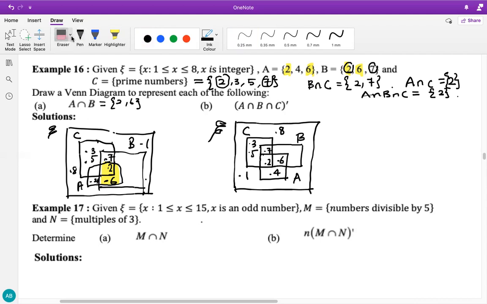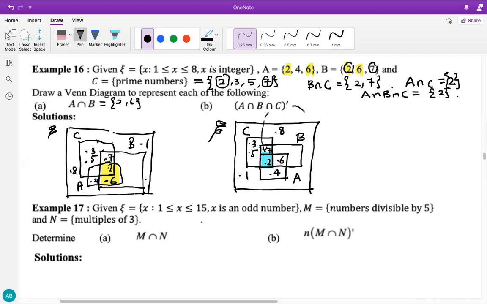All right, so what is the area between A intersect B intersect C prime? So it's outside this common area. So this is blue. Blue is A intersect B intersect C prime. This is the area.